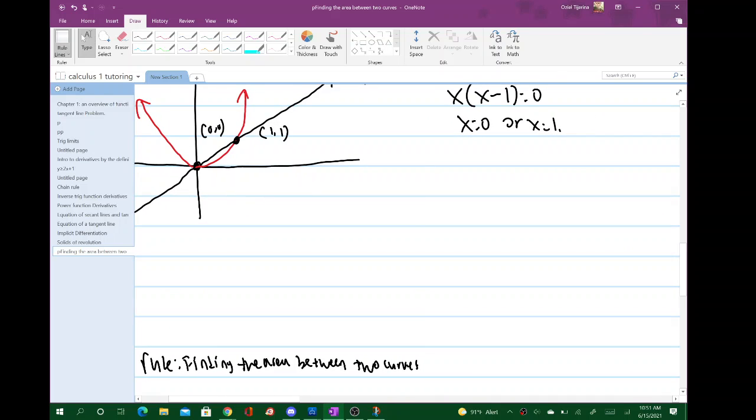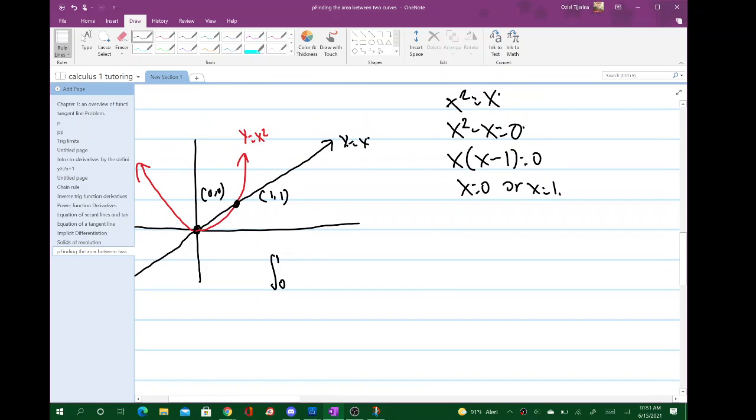Now, the integral would be the following. The integral from 0 to 1 of the top function, let this be f of x, minus g of x, and then dx.